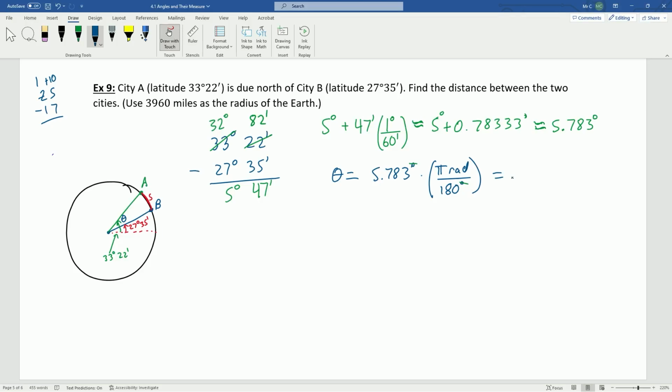I'm going to go ahead and do all of this multiplication in the calculator now. 5.783 times pi divided by 180, and we get approximately 0.101 radians.